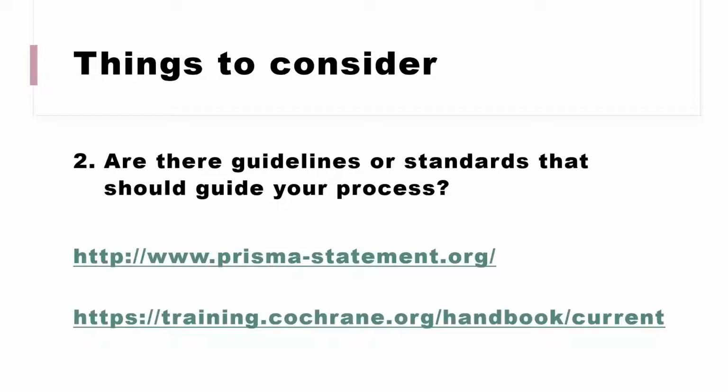Another thing you should think about before you get too far into your planning is, are there some best practice guidelines that you should be mindful of? So guidelines and standards describe a gold standard for conducting reviews. They're incredibly important if you're actually intending to publish your review. So if you're a higher degree researcher and as part of your PhD, one of your years of your PhD is going to be used conducting a systematic review that you intend to publish, then looking at guidelines and standards is very important.